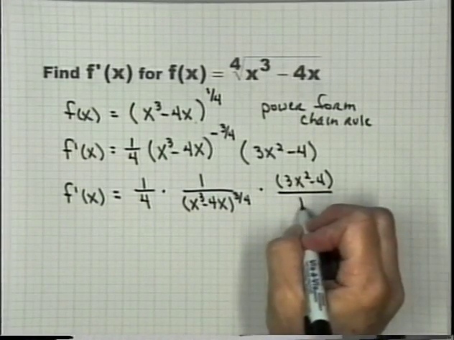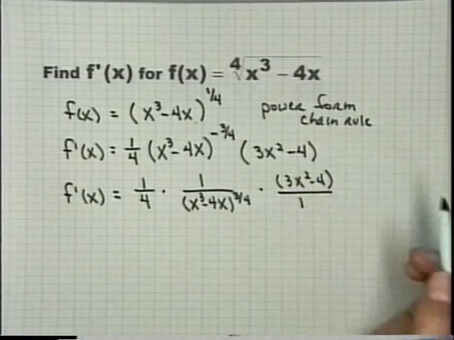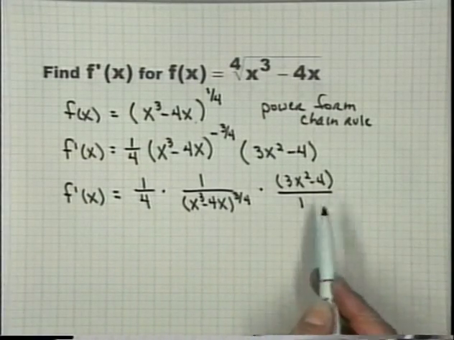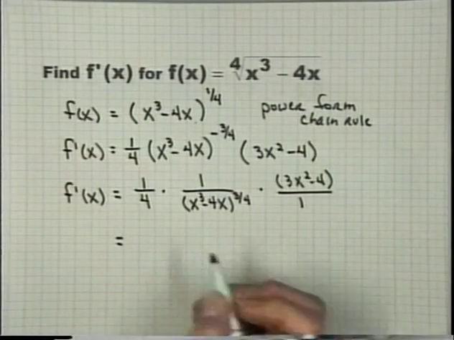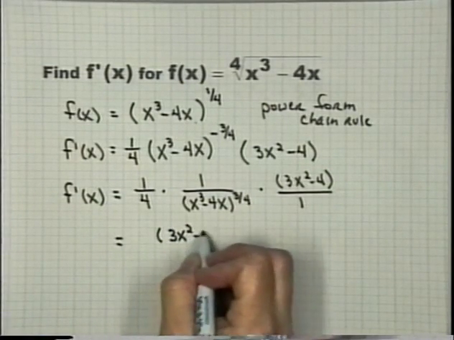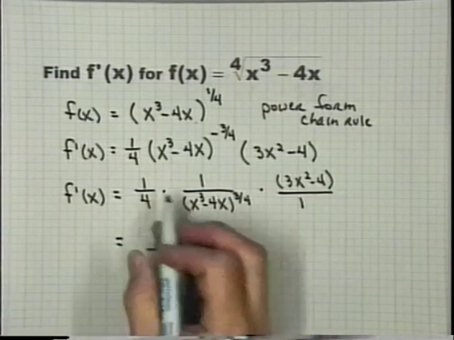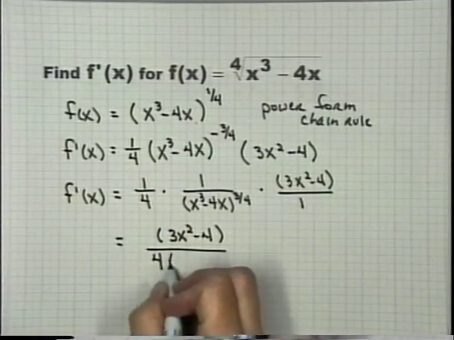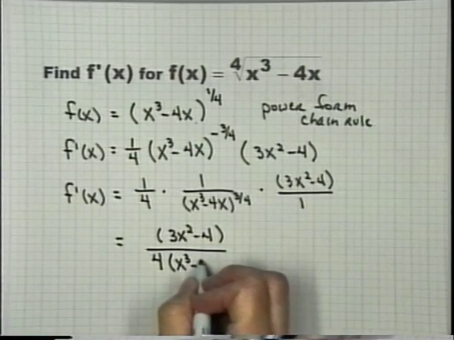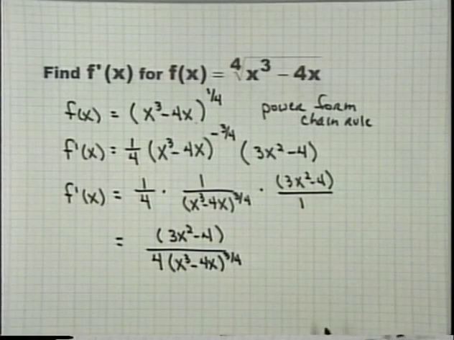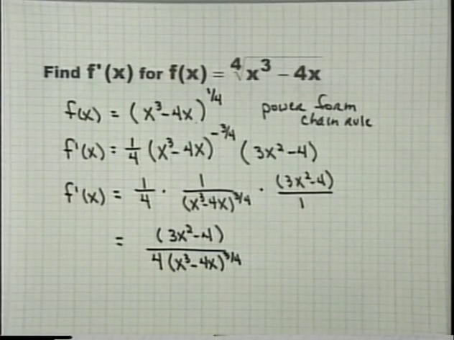And of course that's over 1. Notice there's no negative exponent that causes us to flip that one. So we have a product of these three things. Now, all we're going to do is multiply this out, which gives us 3x squared minus 4 on top. Notice 1 times that. And on the bottom we will have the 4 times the x cubed minus 4x to the 3/4 power. And generally we will leave that in this notation.